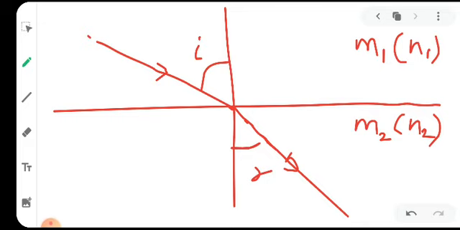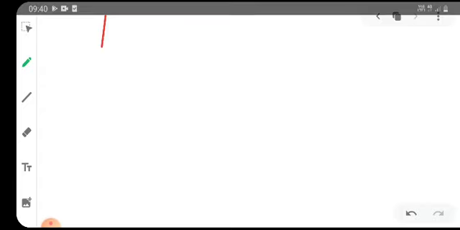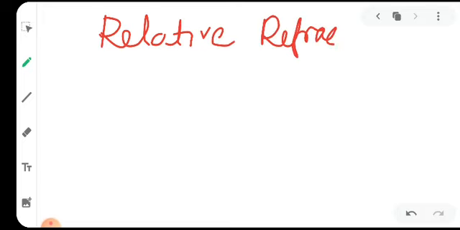In medium 1, the ray has a velocity v1. In medium 2, the ray has velocity v2. Using v1 and v2 between two mediums, I am going to define a different quantity, but it is refractive index itself, and that quantity is known as relative refractive index.